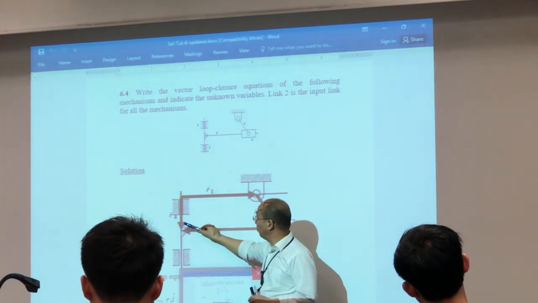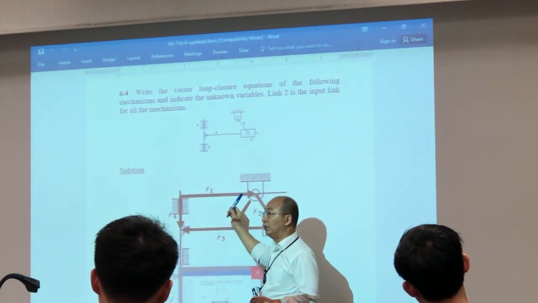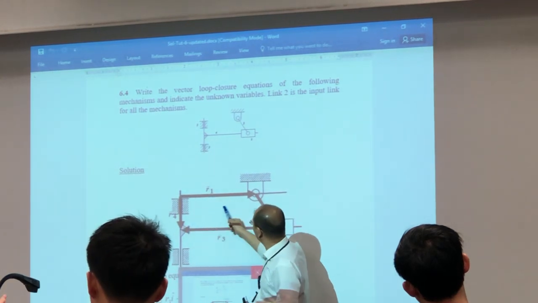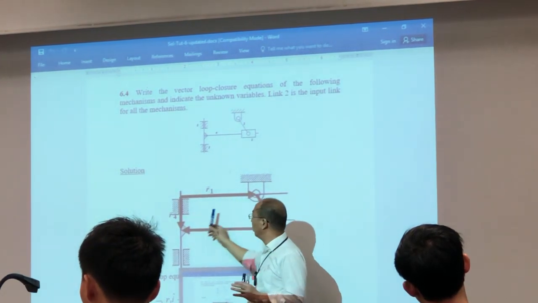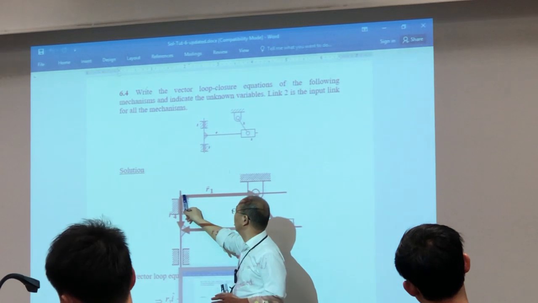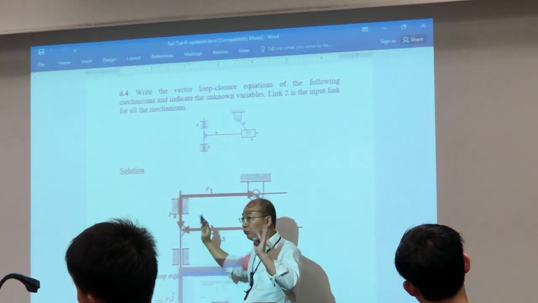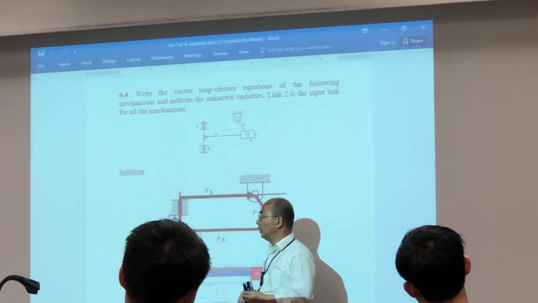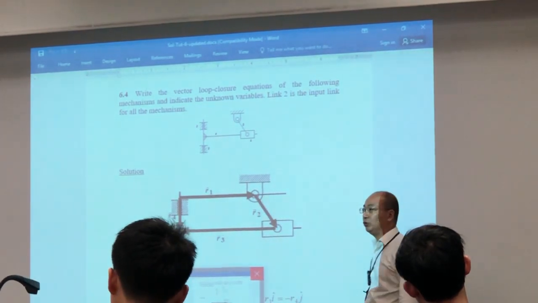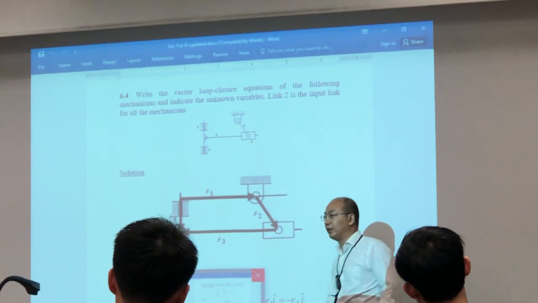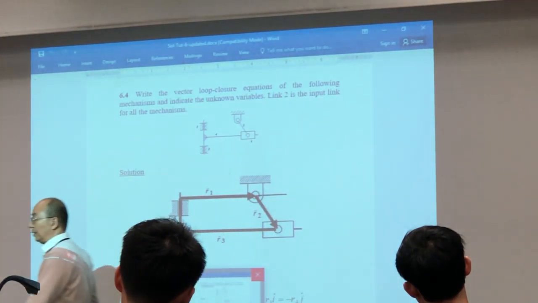Then we are going to close the loop. If you directly draw a vector to close, it's fine. But normally what we do is draw a vertical, horizontal vector to close it. The direction is up to you to assume. Then once you have this vector loop, you can write the vector loop equation, right?